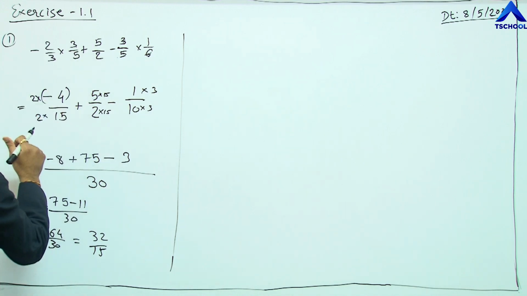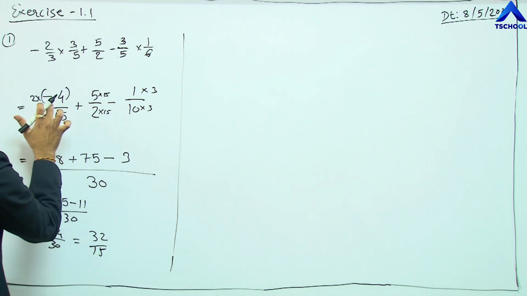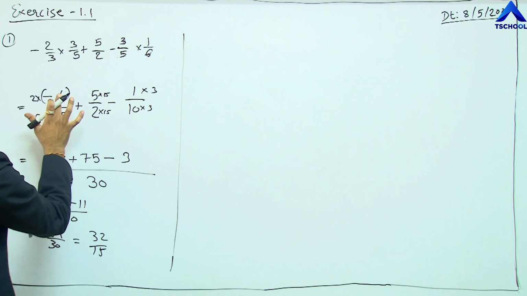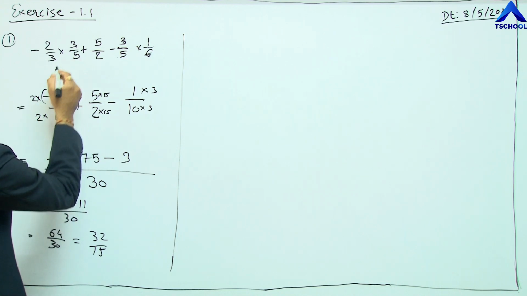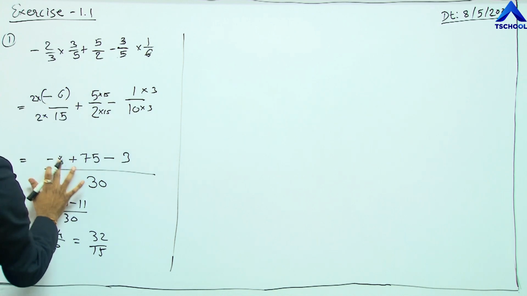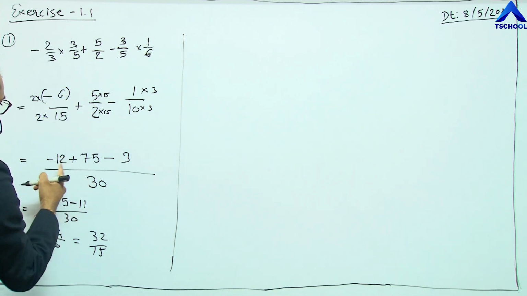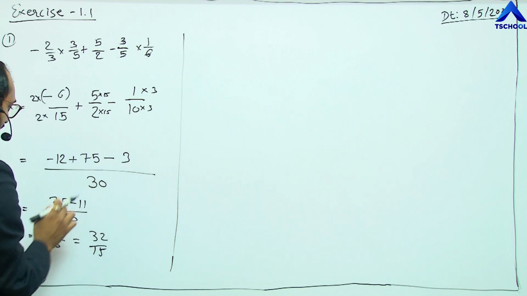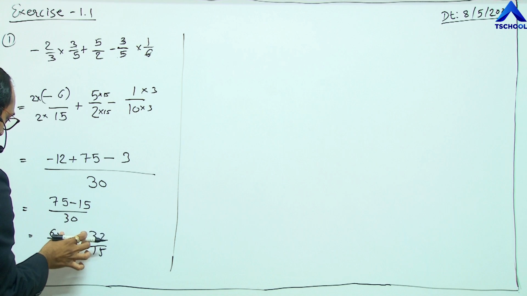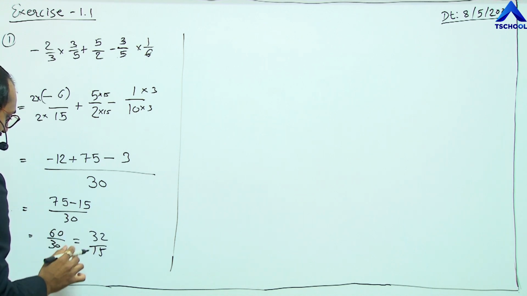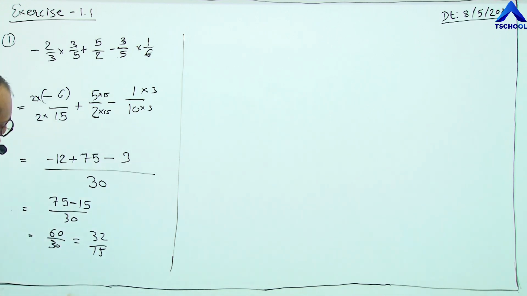Now here we can solve this. 2 3s are 6, 6 2s are 12, minus 12 minus 3 is minus 15. So the answer is 60 by 30, the answer is 2.